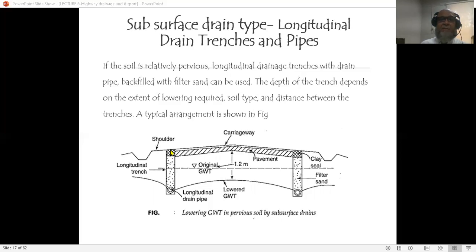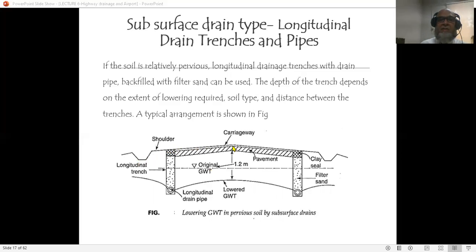So remember, this is your surface drainage. How does it work? The water from this carriageway will not be allowed to enter here, but this water may be entering from this point, going down, and at the same time water also be going through this stormwater drainage as we have discussed.